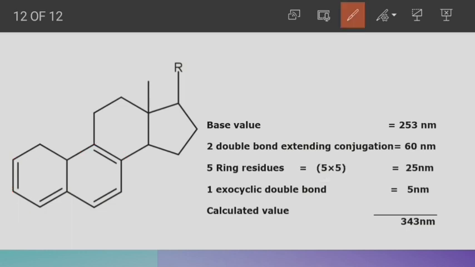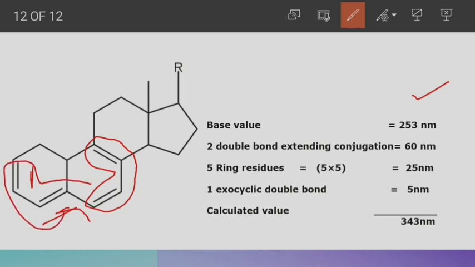So for homoannular conjugate diene, we have to put the base value of 253 nanometer, and now we have to see if there is any double bond extending conjugation. As we take this as our system, so this one and this one are the double bonds that extended our conjugation. So we have 2 double bonds extended conjugation, so we have to put the value of 30 into 2, 60 nanometer.